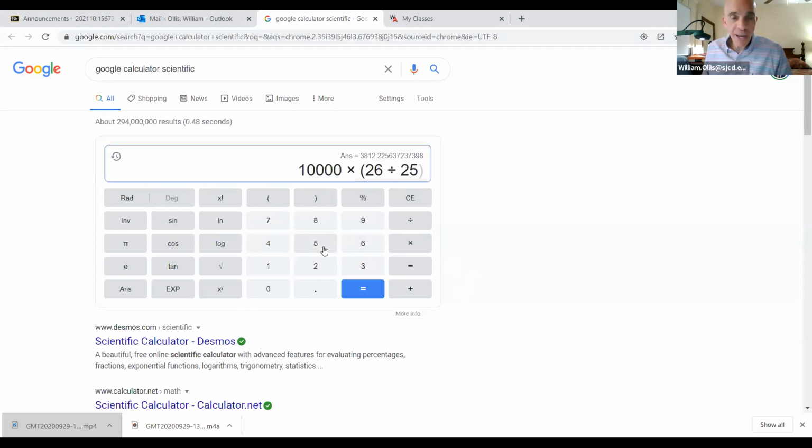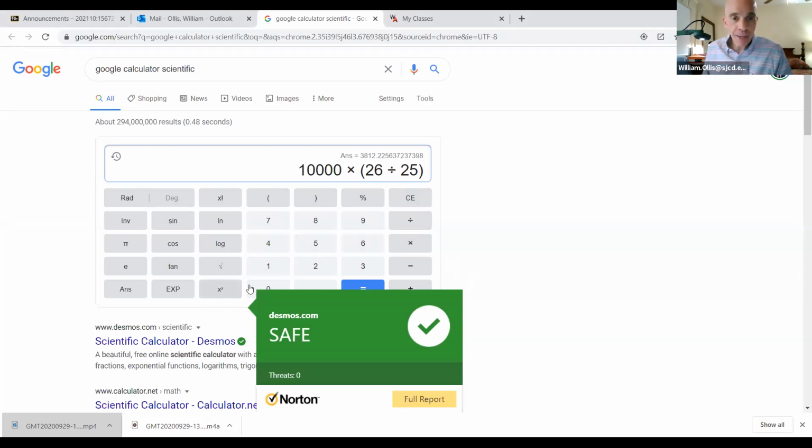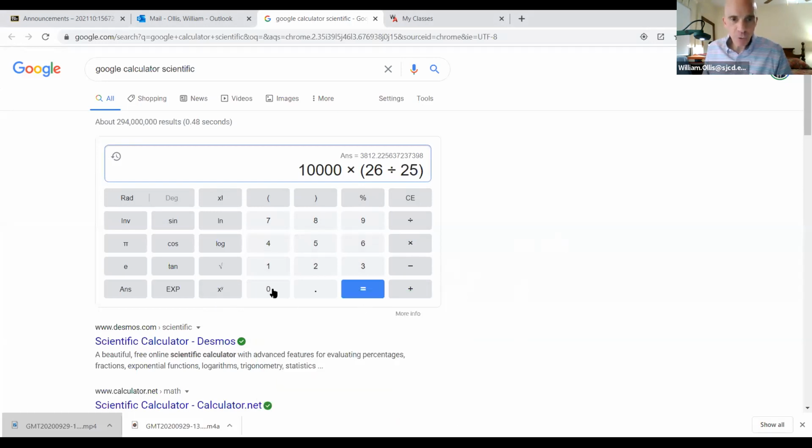Again, this is where the binomial theorem is allowing this calculator to work.